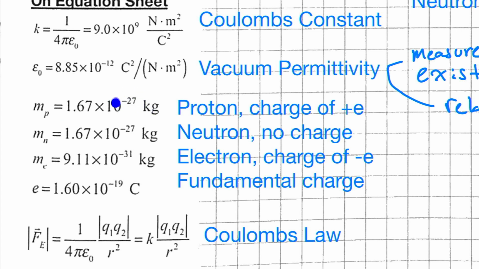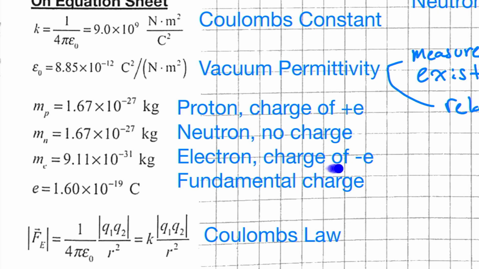Look at these exponents, negative 27, negative 31. That's several orders of magnitude less. I think it's somewhere around 1,800 times less mass than a proton. So basically, the mass of an electron is negligible compared to the mass of a proton.